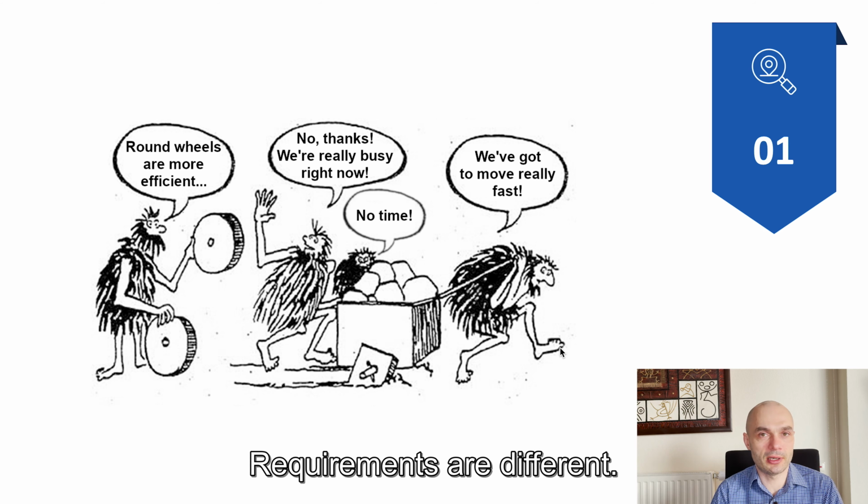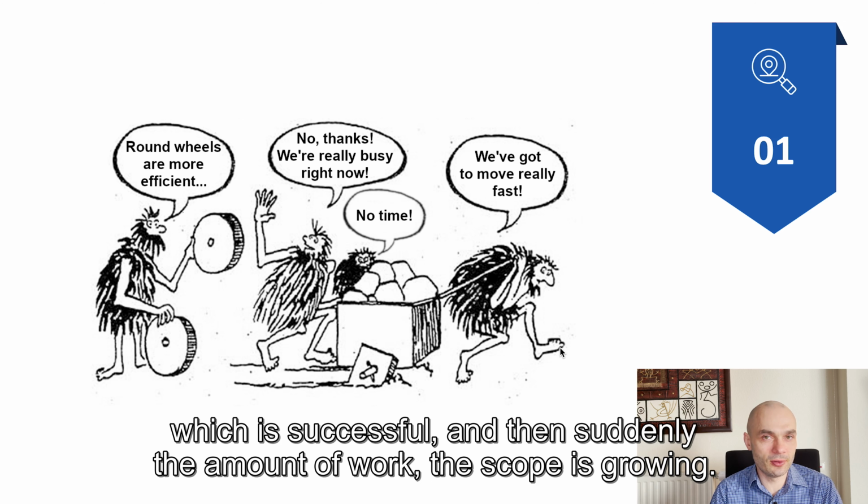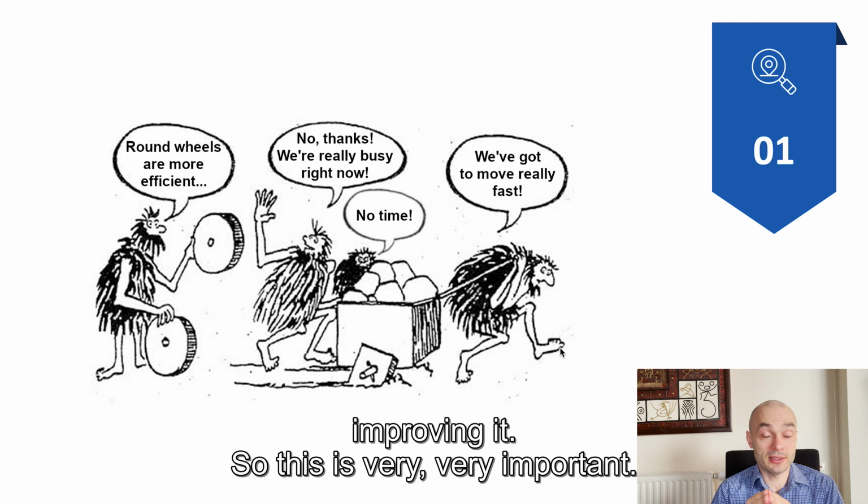Requirements are different. And it's quite common that your team starts with an MVP, with a very small product, which is successful, and then suddenly the scope is growing, but no one is coming back to the architecture and working on improving it. So this is very important.